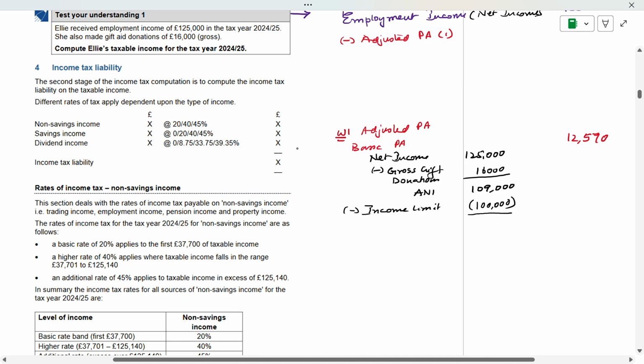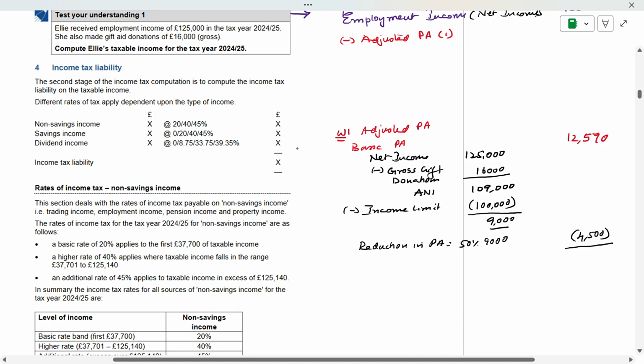The excess is 9,000. We'll get only 50% of the 9,000 as the reduction in personal allowance. 50% of 9,000 comes to 4,500.